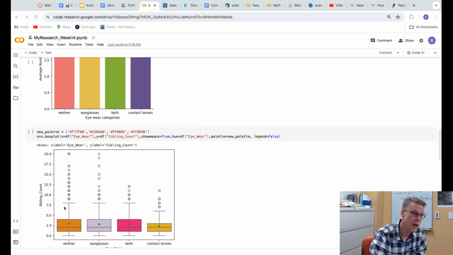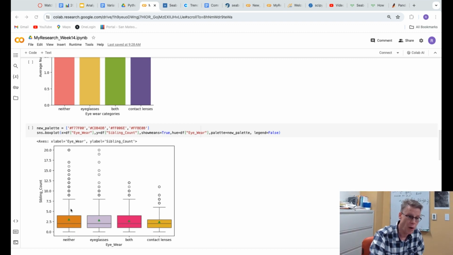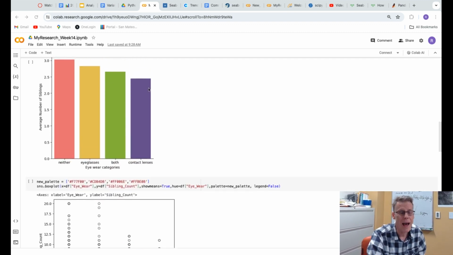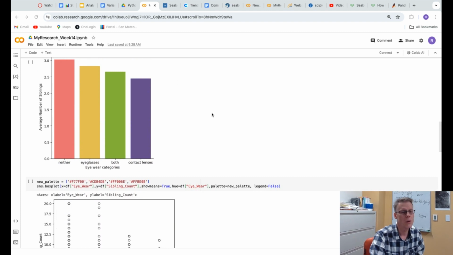On the other hand, if the numbers in your categories are super far apart, like kind of these are, then you're like, well, maybe randomly we got something that was down here instead of up here. So variance and means are both used to calculate the p-value in this case.